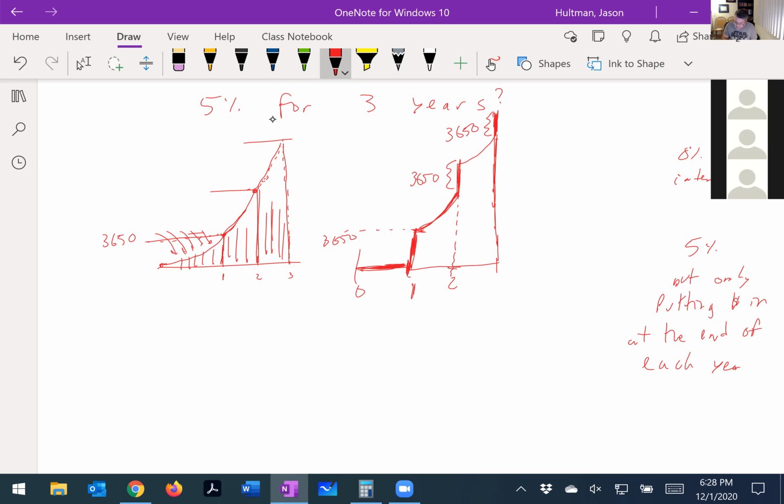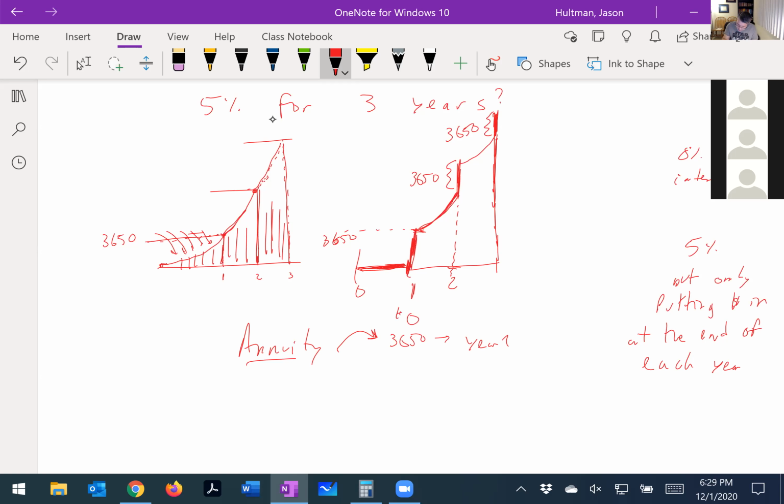Okay, so this is what we call an annuity, where we're dumping money in annually. We're going to dump in 3,650, then that's going to make interest, and then I'm going to dump in another. For year 1, this is actually year 0.